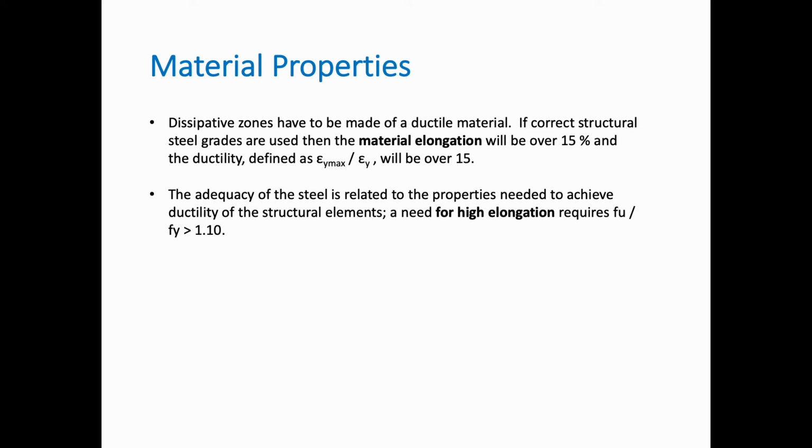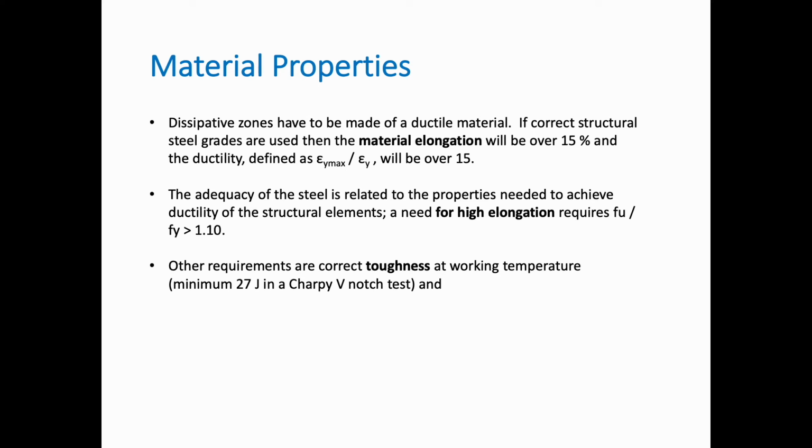The adequacy of the steel is related to the properties needed to achieve the ductility of the structural elements, and that's a need for high elongation that requires Fu over Fy being greater than 1.1. Other requirements are the correct toughness at working temperature, and you can see a reference here.